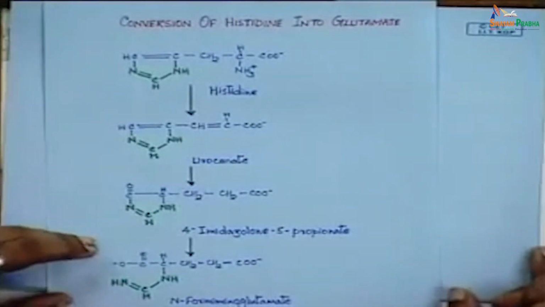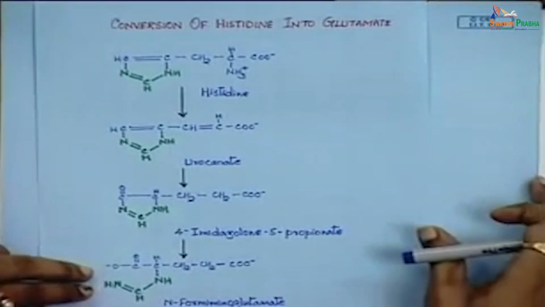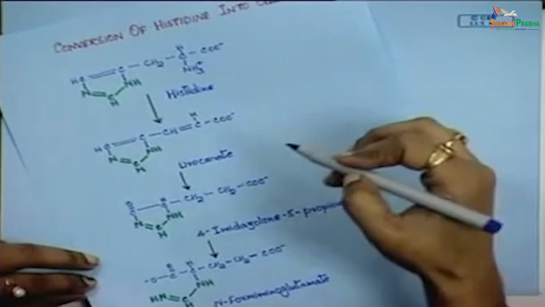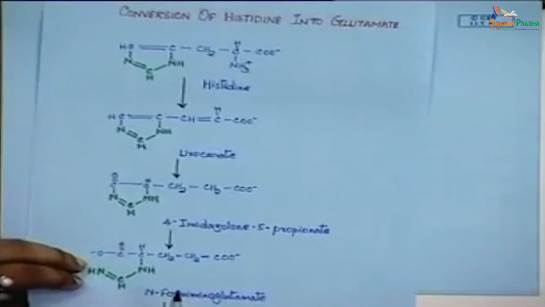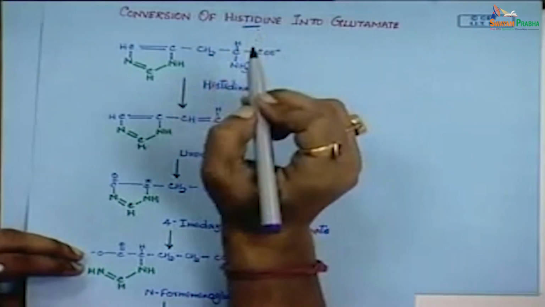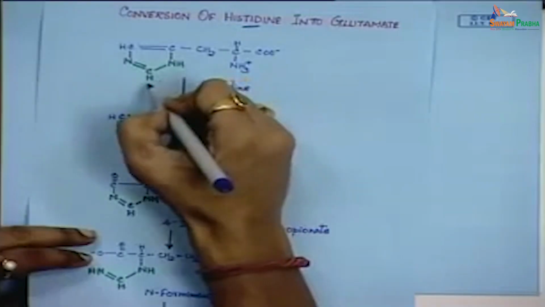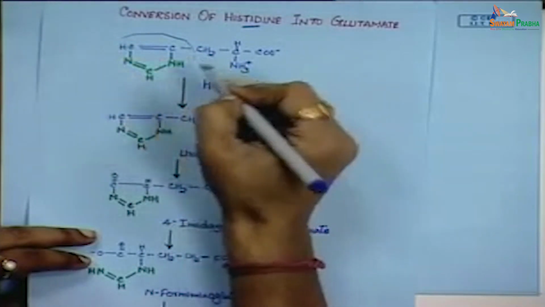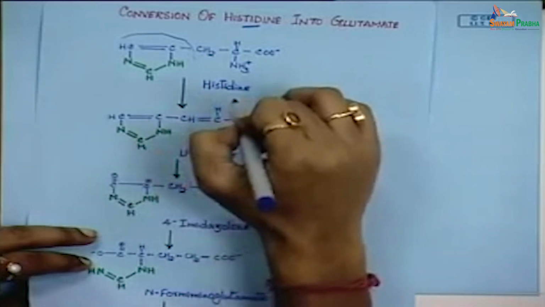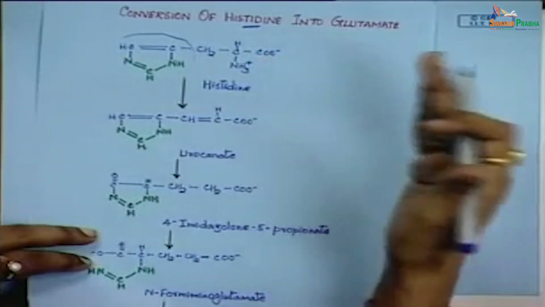Now coming to another important amino acid which also plays a significant role in glutamate production, we can find the conversion of histidine into glutamate. Histidine is another important amino acid present in any living system, and it has an imidazole group, which makes it unique from other amino acids.